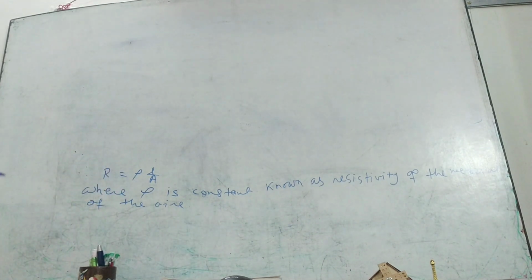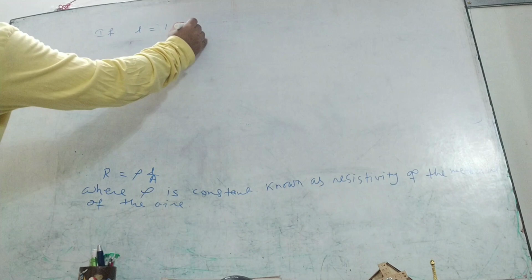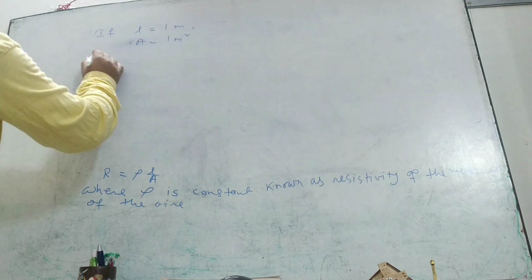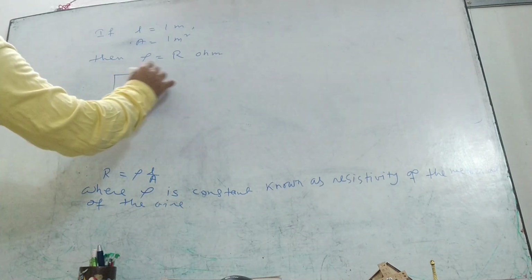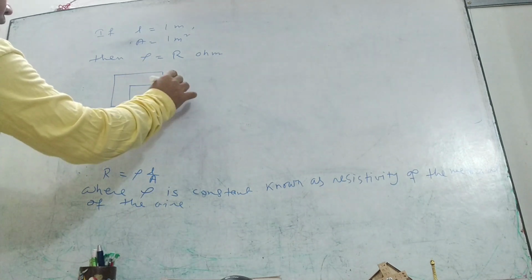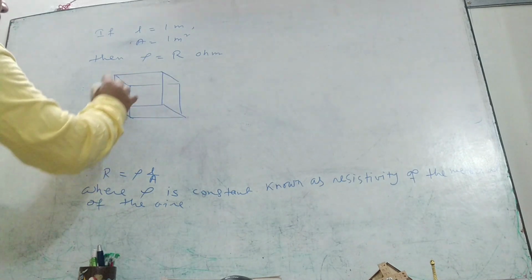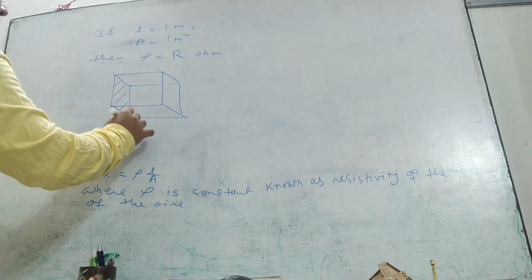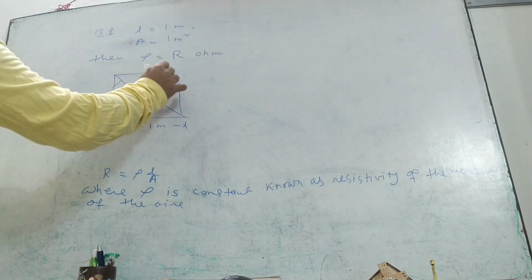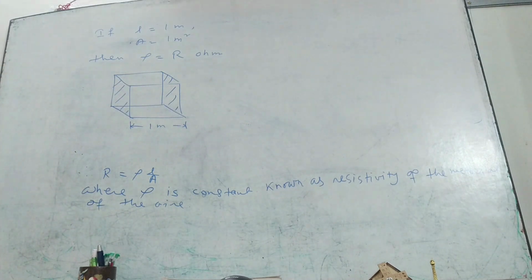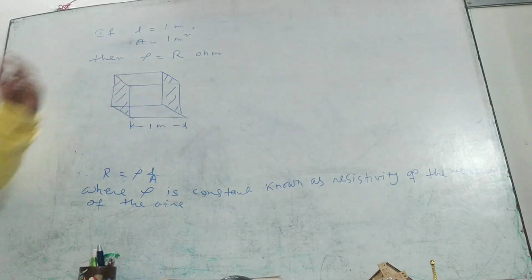Therefore, we can define rho as follows: if L is equal to 1 meter and A is equal to 1 meter square, then rho is equal to R. When we consider a unit cube made of metal, where the length of each side of the cube is 1 meter, the resistance between the two opposite faces of the cube is known as the resistivity of that metal.